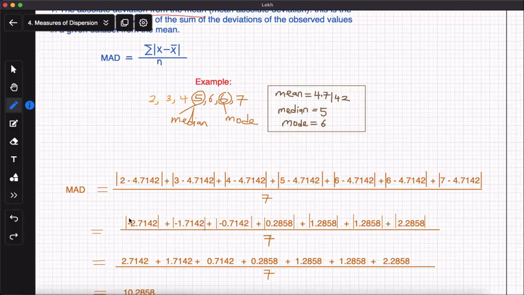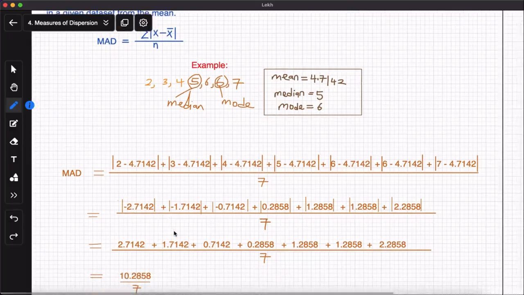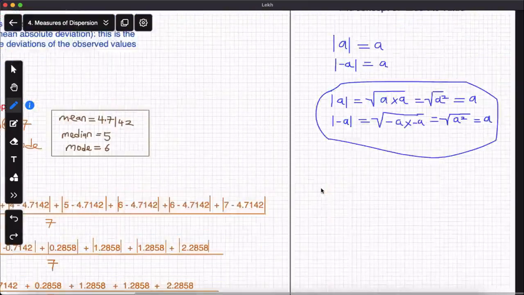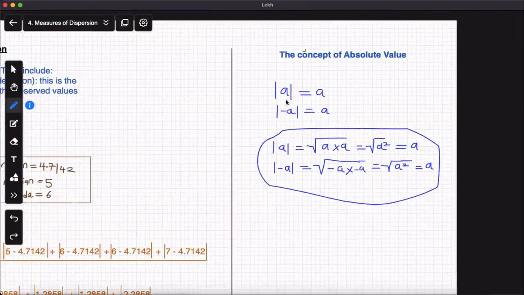And so you now decide to get the absolute values of the results. So what are you going to have? The absolute value thing says when you have a positive number A, you put the number in these two lines that you're seeing, and then you have A. So if you do that for a negative number, you're also going to have A. Why?